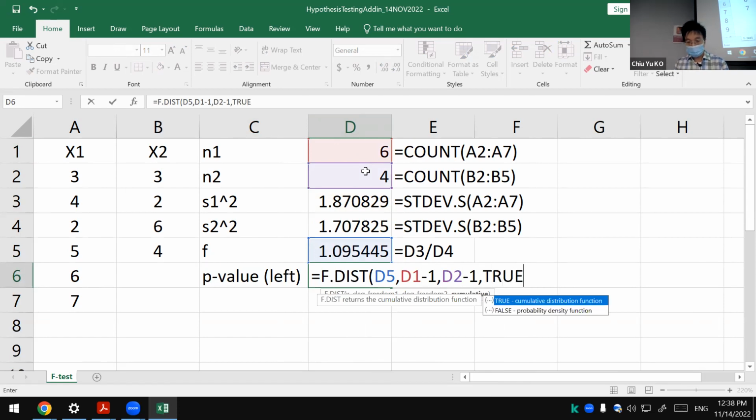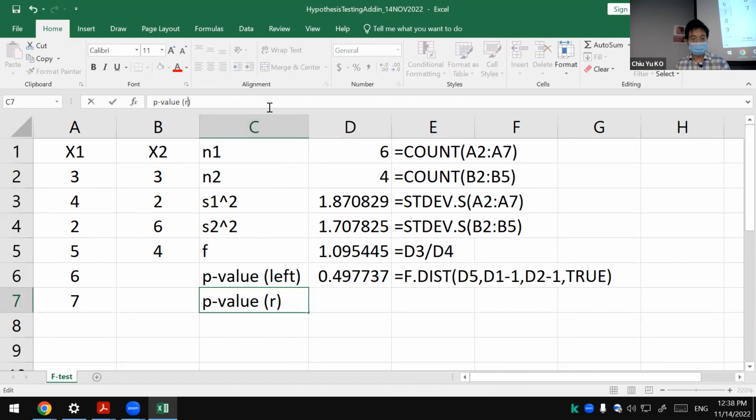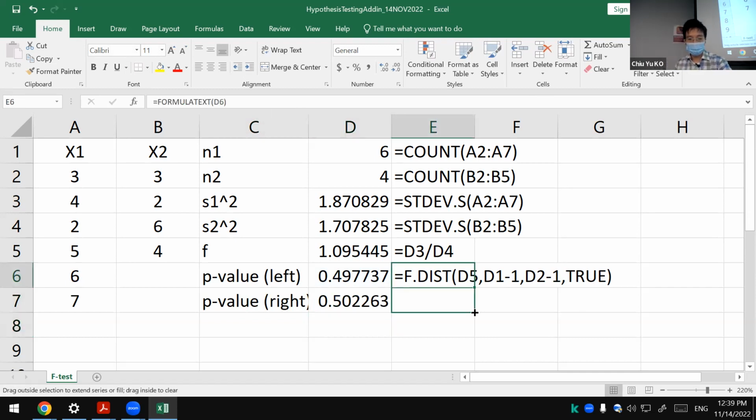This will be the p-value if you do the left test, because it's the left-hand side. The p-value of the right is just 1 minus the left tail, because that is how left and right are defined: it's the right-hand side area.